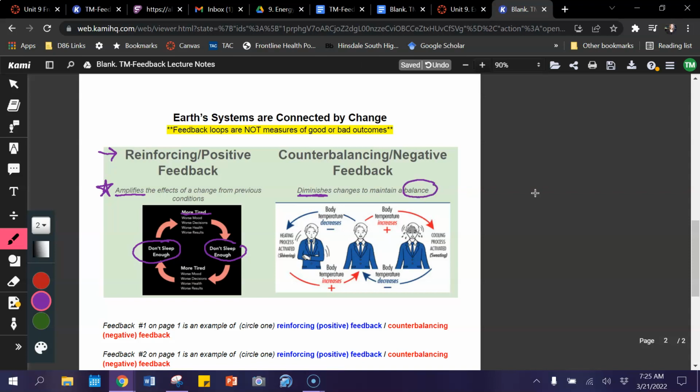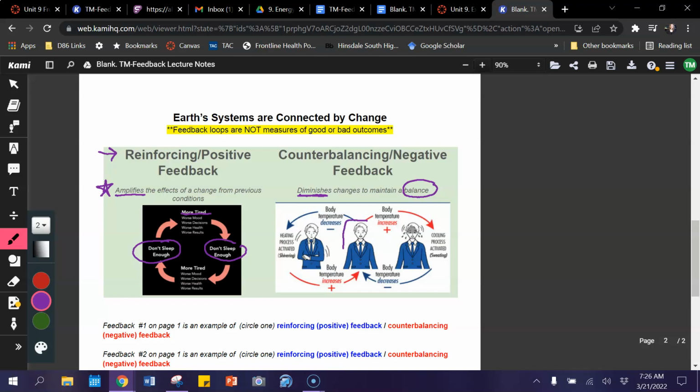Now, most of our counterbalancing or negative feedback examples are present even in our own bodies because we want to maintain a constant body environment in order for our molecules and our cells to work well. So this one here is taking a look at our body temperature.